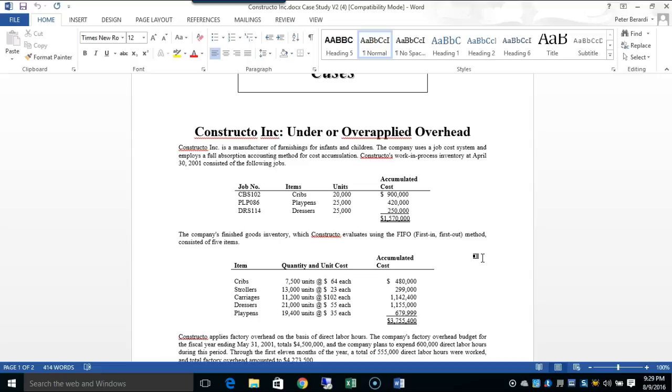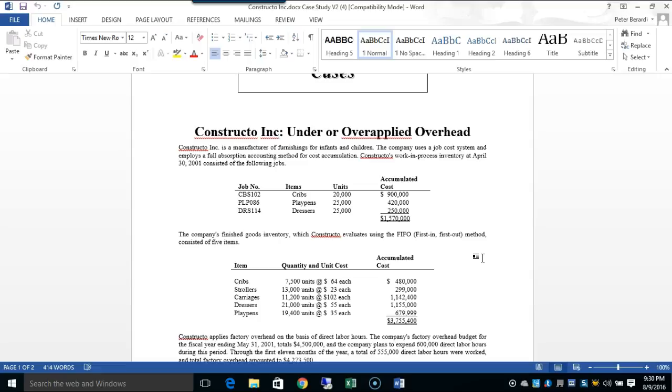It's essentially costing goods by absorbing direct materials, direct labor, and manufacturing overhead that is applied to WIP, and therefore all direct and indirect manufacturing costs go into the cost of goods sold, or the product cost.